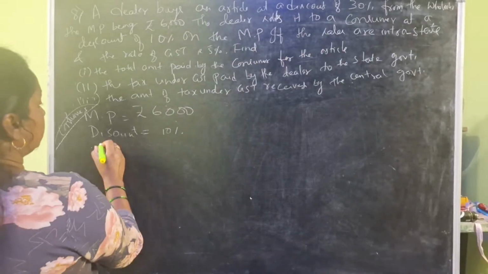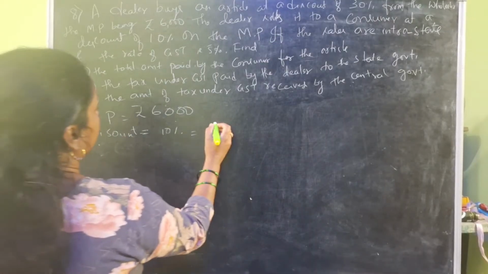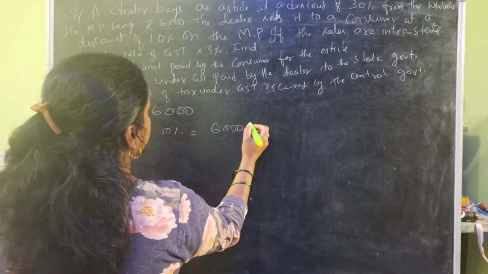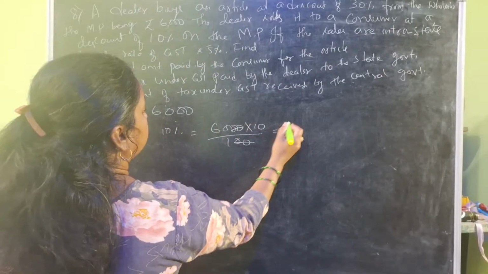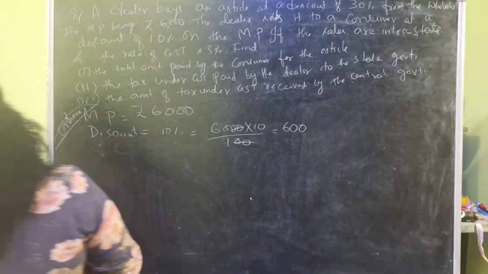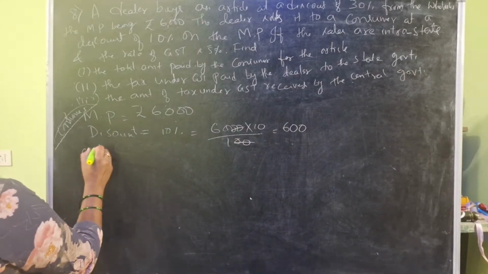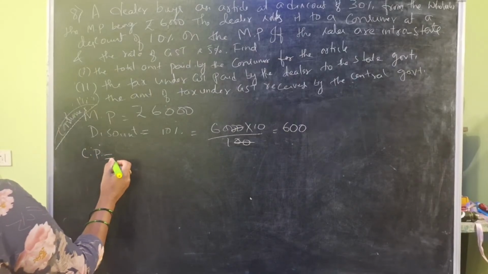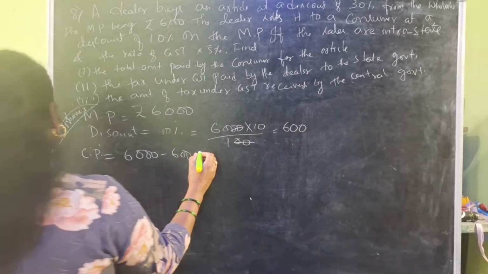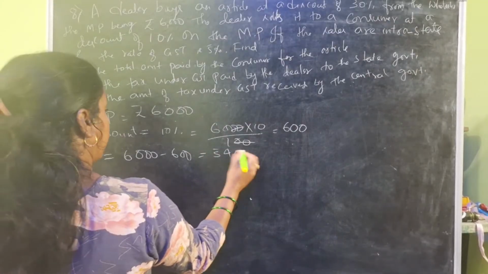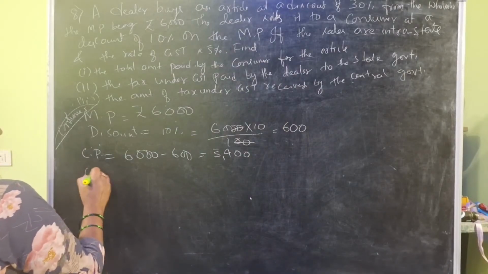So the discounted amount is equal to 10% of 6,000, which is equal to 600. So rupees 600 is the discount. So the cost price is equal to 6,000 minus 600, which is equal to 5,400. This is the cost price for the consumer.